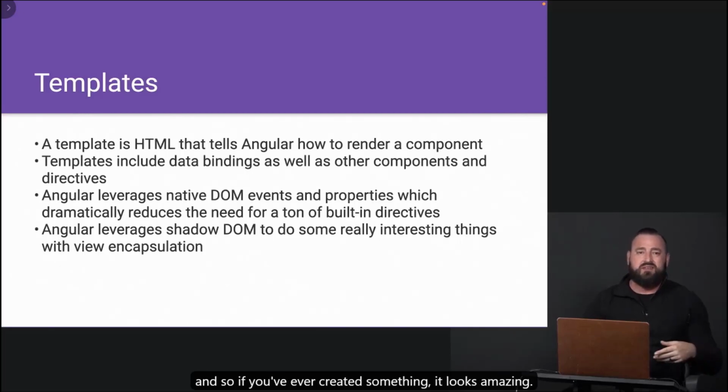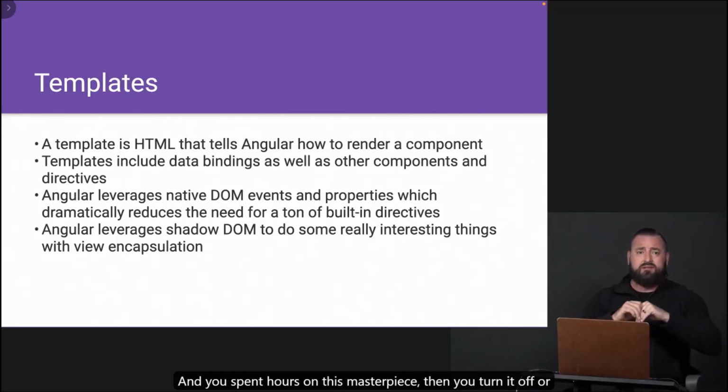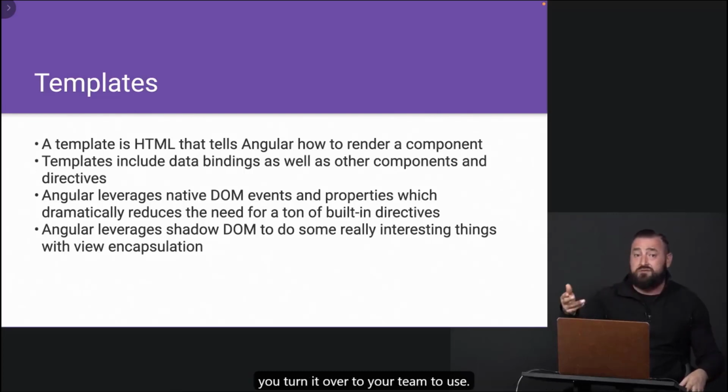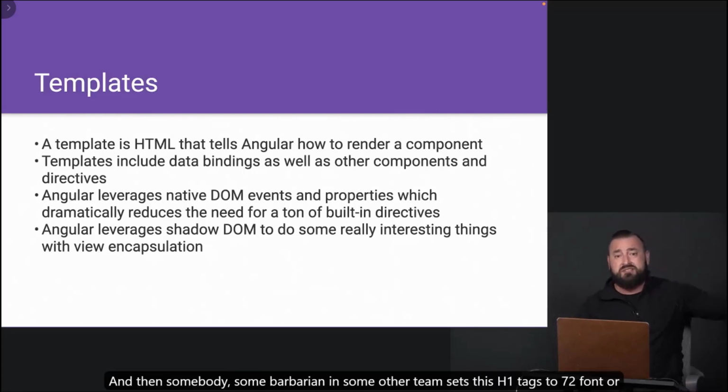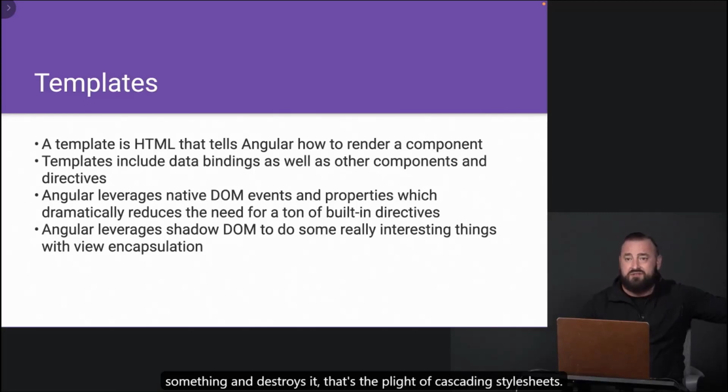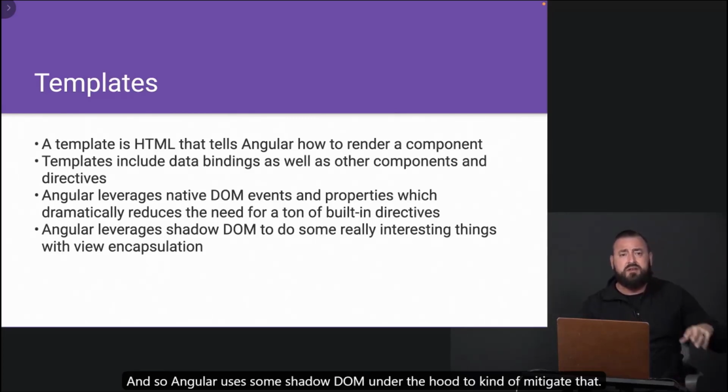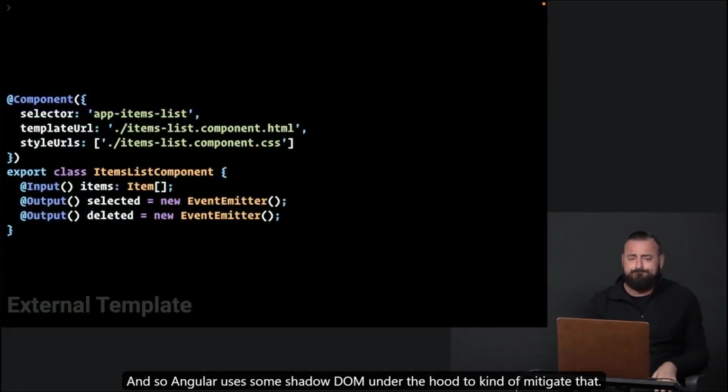If you've ever created something that looks amazing, and you spent hours on this masterpiece, then you turn it over to your team to use, and then some barbarian in some other team sets these H1 tags to 72 font or something and destroys it. That's the plight of cascading style sheets. And so Angular uses some shadow DOM under the hood to mitigate that.